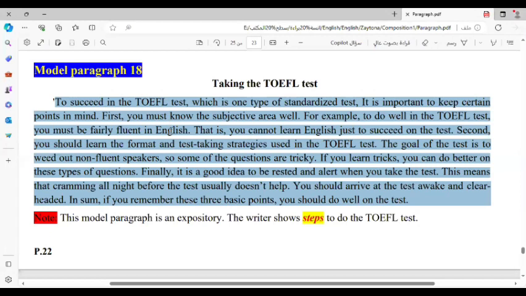So TOEFL is test of English as a foreign language. Okay, test of English as a foreign language. When we have a word composed of many letters and each letter stands for one word, okay?